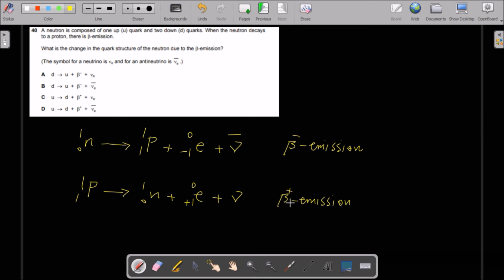Based on these two equations, we can say that B is right, because beta negative, which is an electron, gives an antineutrino, and when a proton decays, it gives a neutron, positron, and neutrino. So for this question, B is right.